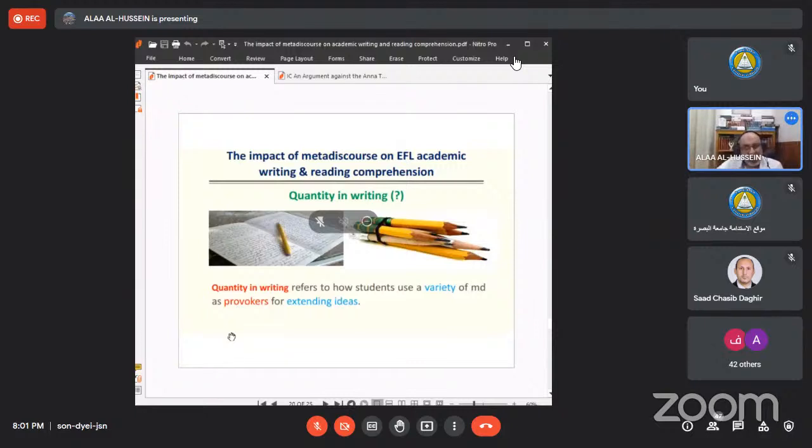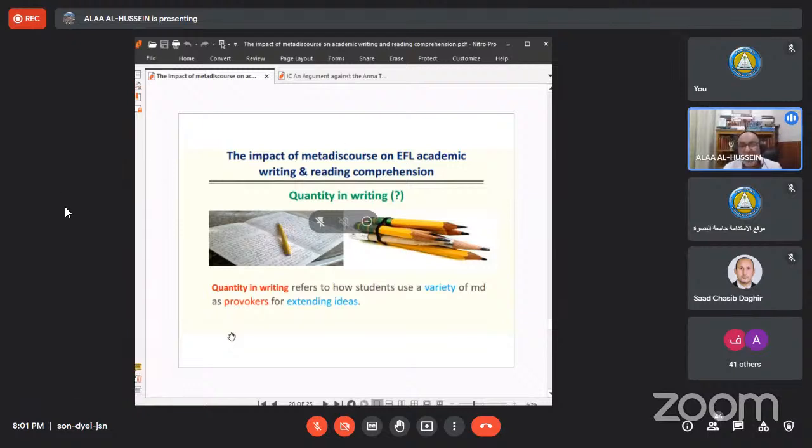When they gave them those phrases, those meta-discourse markers, they continued writing. So these meta-discourse markers helped those children by triggering and stimulating their thoughts to write, okay?